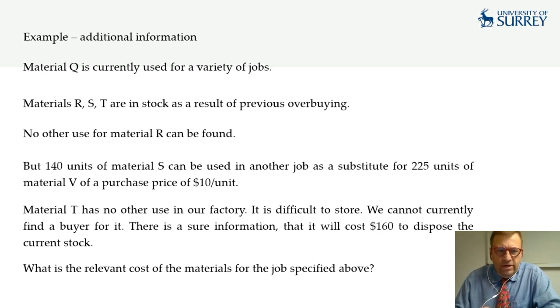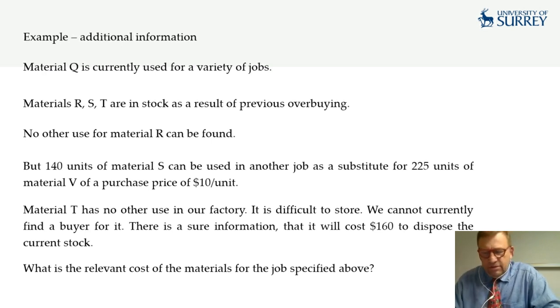All right, we have another piece of information: 140 units of material S could be used in another job, in another project, as a substitute for 225 units of a material V when this purchase price or replacement cost is $10 per unit.